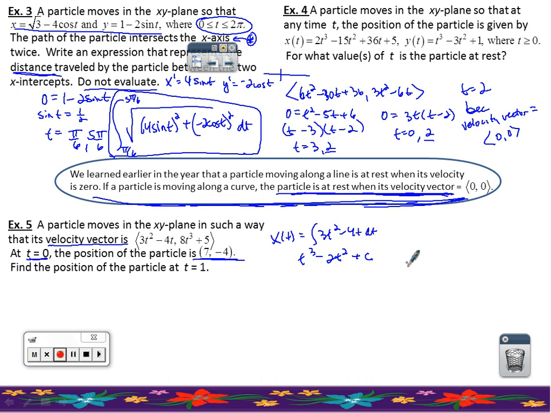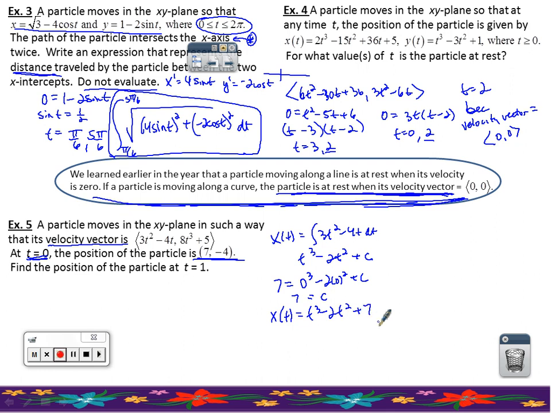It tells us when t equals 0, our x-coordinate is 7. So our C value is 7. So our x of t is going to be t cubed minus 2t squared plus 7.